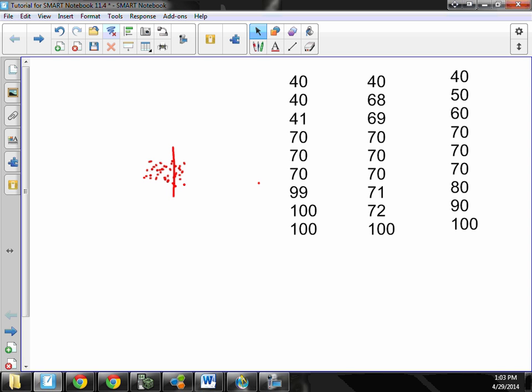So sometimes we include outliers, and sometimes we just say, forget it. That outlier we're going to ignore because it misrepresents the information.